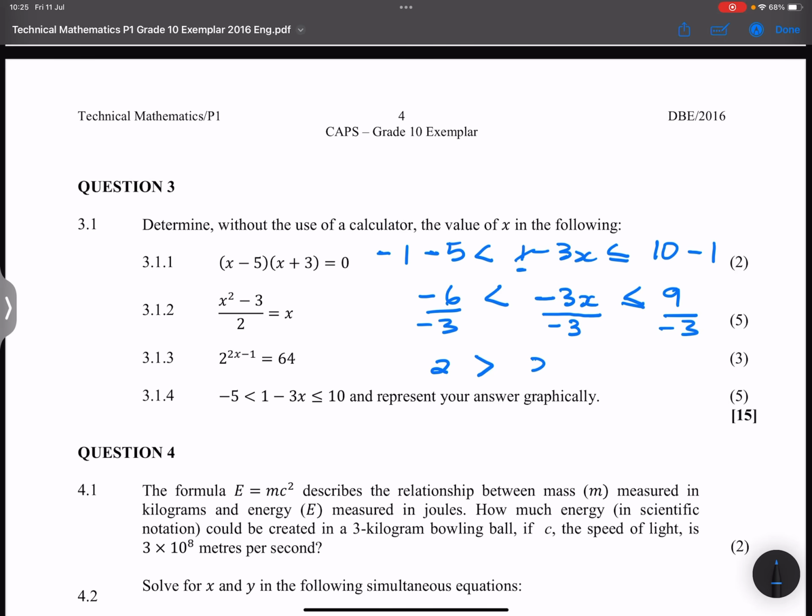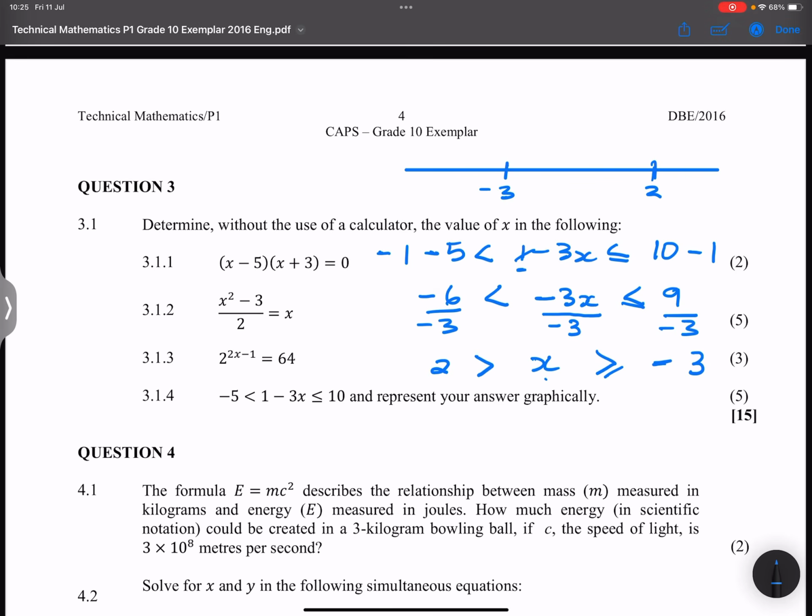And 9 divided by negative 3 would be negative 3, so x is greater or equal to negative 3. Now how are we going to represent this graphically? So our critical values are negative 3 and 2.